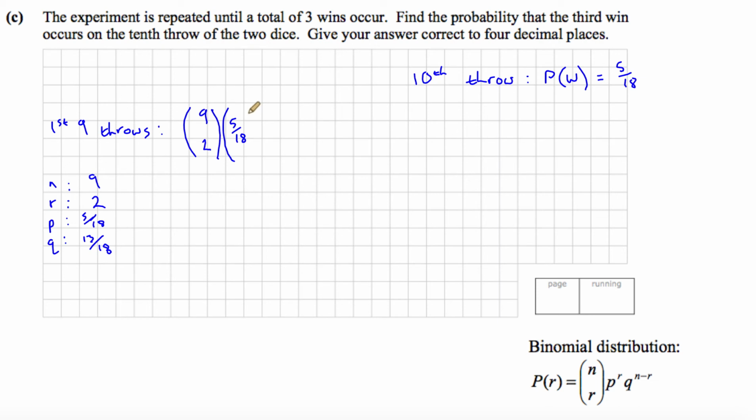So it's 5/18, the probability of success, to the number of successes, 2, multiplied by the probability of failure to the power of n minus r. Now n minus r is 9 minus 2, in other words 7. But we can just plug the values in there, 9 minus 2.